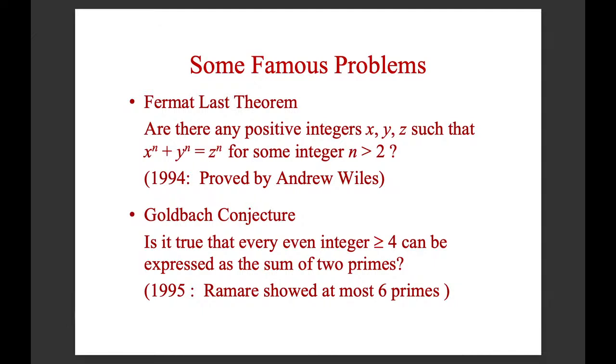This conjecture is still not proven. Nobody knows whether it is correct or wrong, and so far no counterexample has been discovered. One of the closest results is that a mathematician called Ramer showed that every even integer can be expressed as the sum of at most 6 primes.